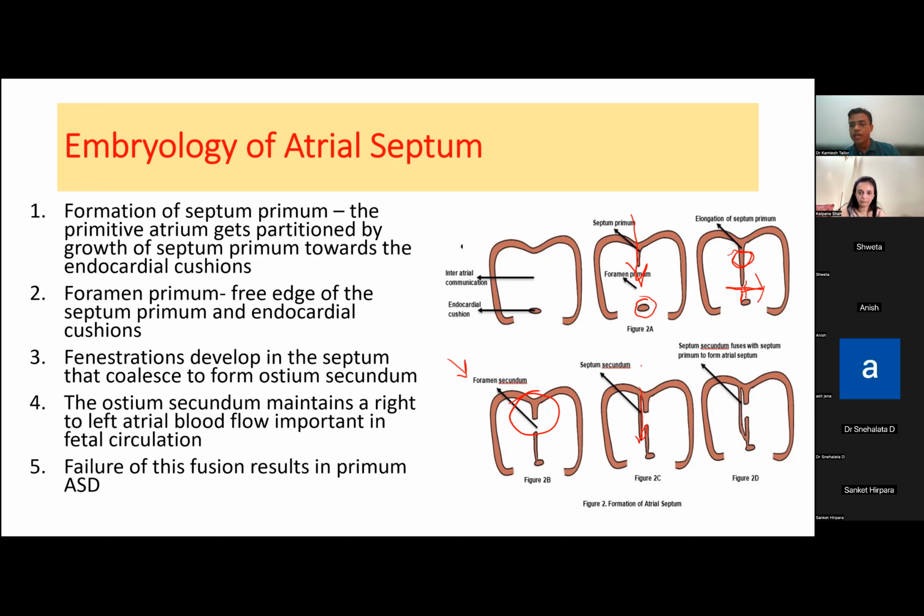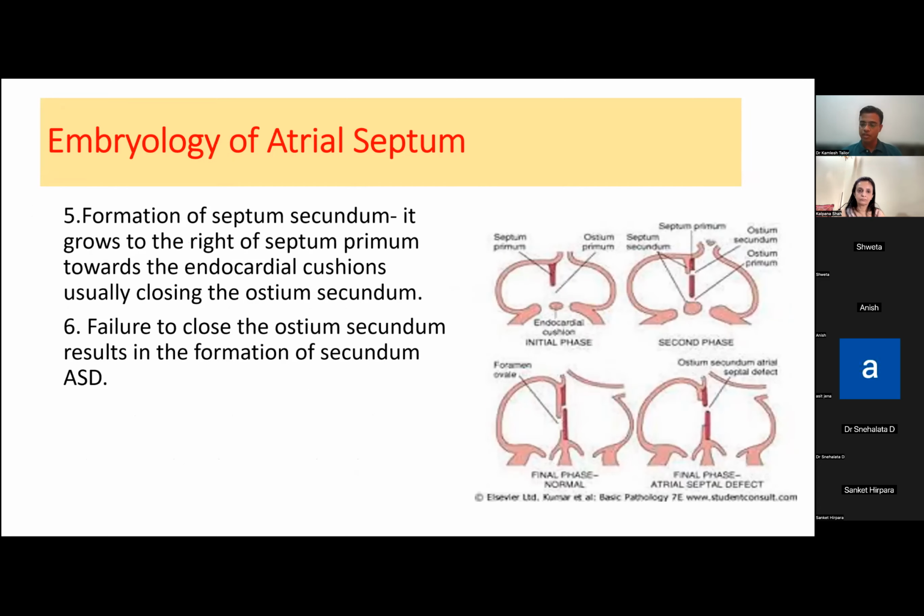This makes one defect, called the patent foramen ovale, which is necessary during fetal circulation, where the IVC oxygenated blood is directly diverted towards the LA, which is also normal in fetal life. Gradually, once the child is born, this defect closes. So this is how we describe the embryological development of the atrial septum.